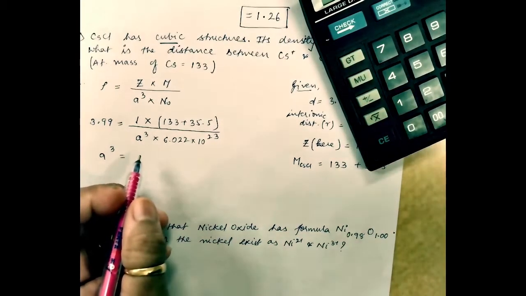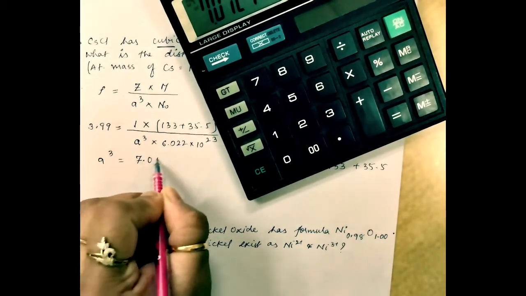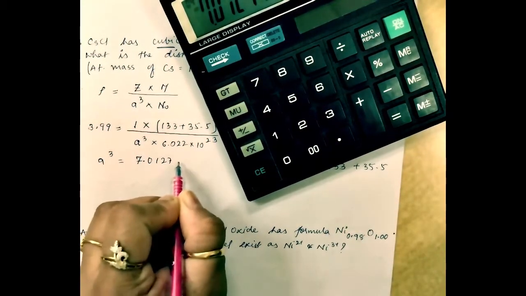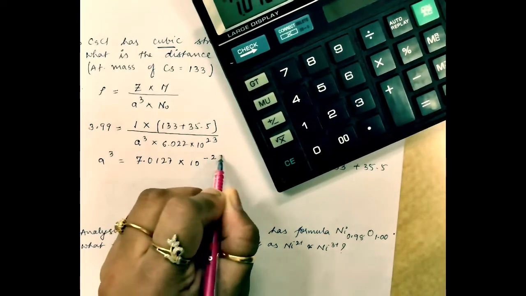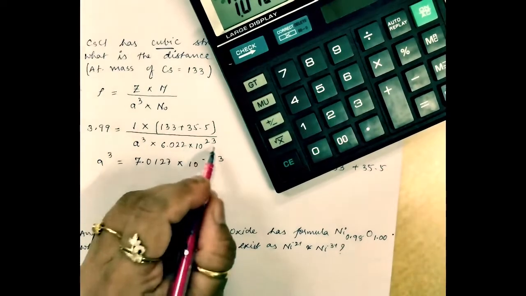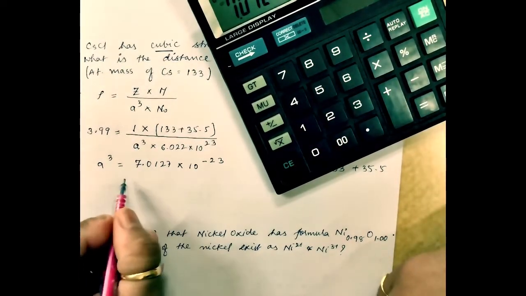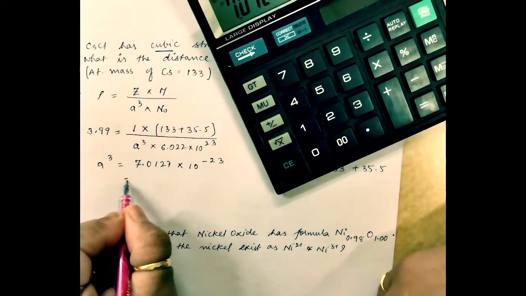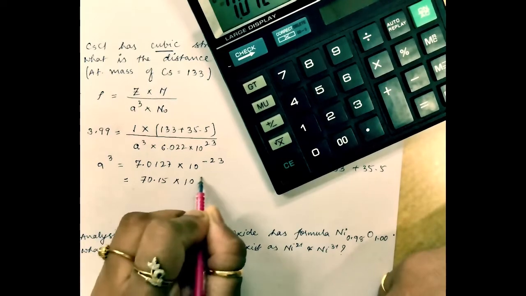So this comes out as 7.0127 into 10 to the power of minus 23, because I am taking this 23 from the denominator to the numerator, or else you can take this as 70.15 into 10 to the power of minus 24.